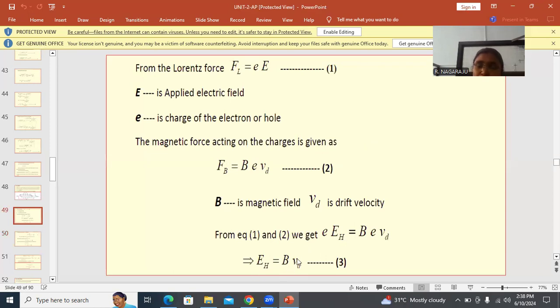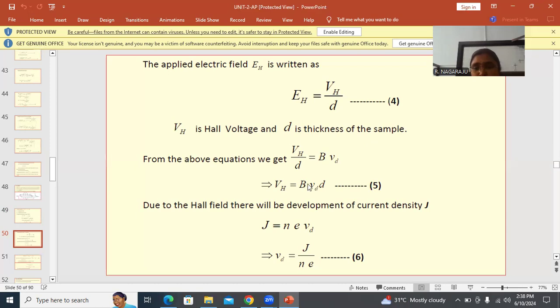EH is equal to vd B. When you substitute equation 4 in equation 3, VH by d is equal to vd B. By simplifying that, we get equation 5: VH is equal to vd B d, where vd is the drift velocity and d is the thickness of the material.